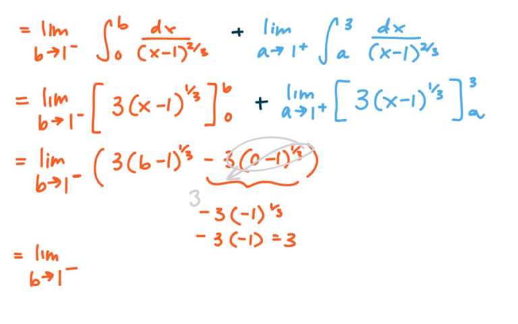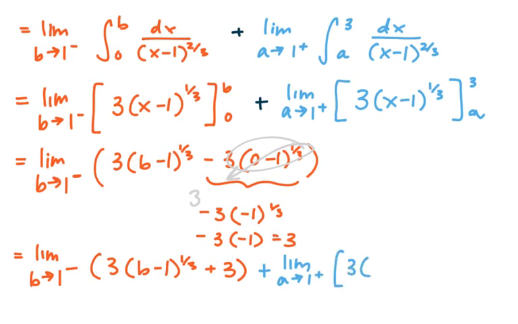We've got 3 times (b minus 1) to the 1/3 plus 3, plus the limit as a goes to 1 from the right of 3 times (3 minus 1) to the 1/3 minus 3 times (a minus 1) to the 1/3.